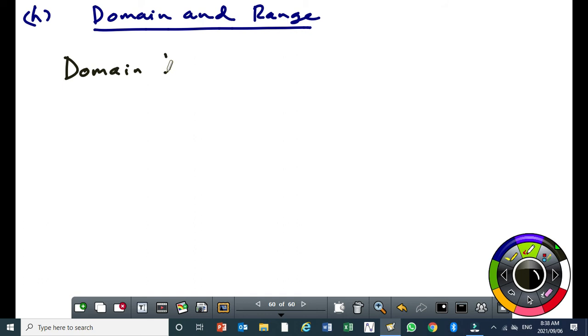The domain will be x is an element of real numbers, but x can never be 0. Okay? x can never be 0 because we have a vertical asymptote. So the two curves will never touch the y-axis. Therefore, x can never be 0. Okay, always in grade 10. That's your domain for the hyperbola.